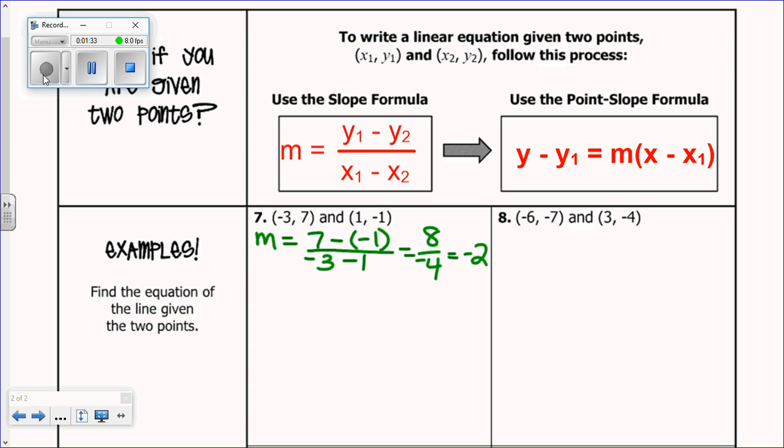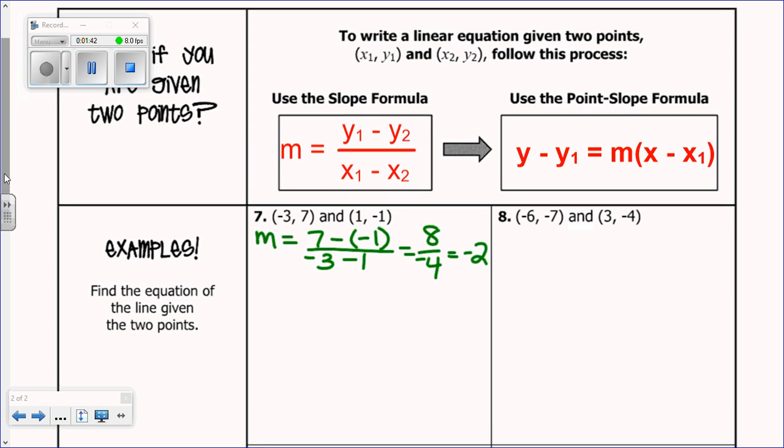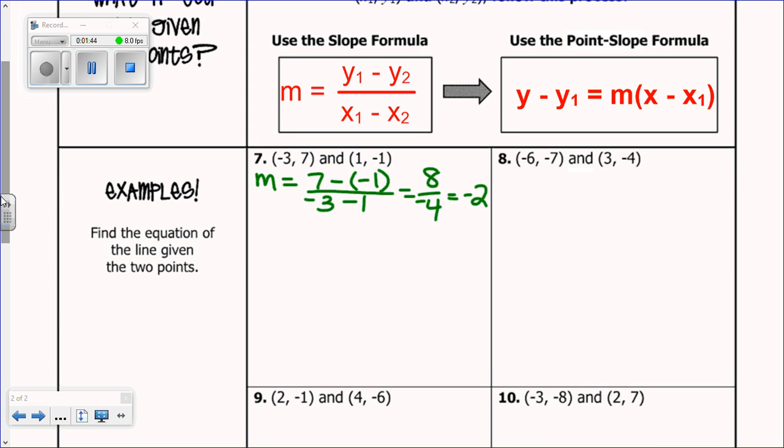We can now use point slope. And it doesn't matter if you use the point negative 3, 7 or the point 1, negative 1. In the point slope formula, you're still going to get the same equation. So let's go ahead and try it. So I'm going to use the point negative 3, 7.